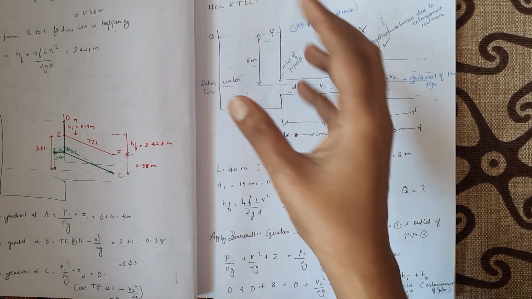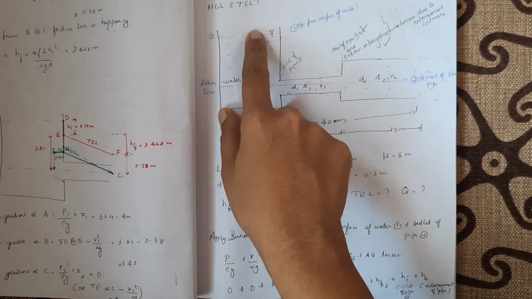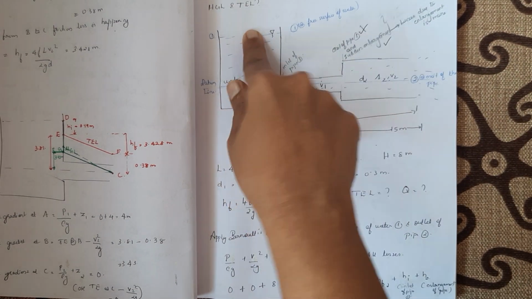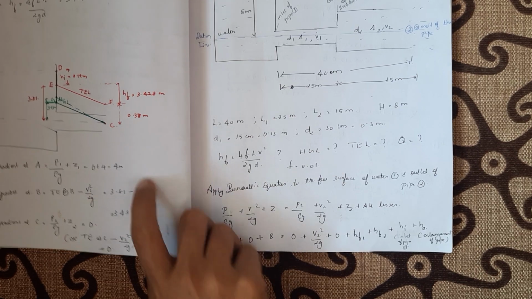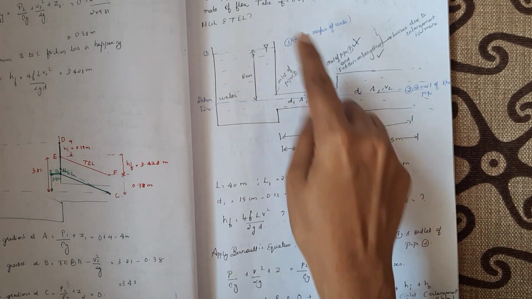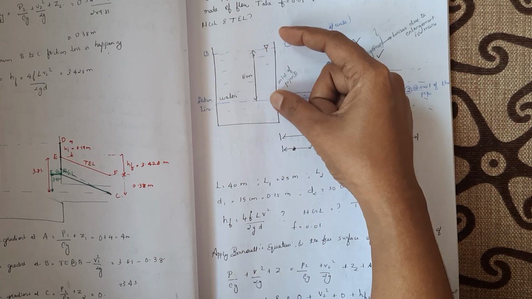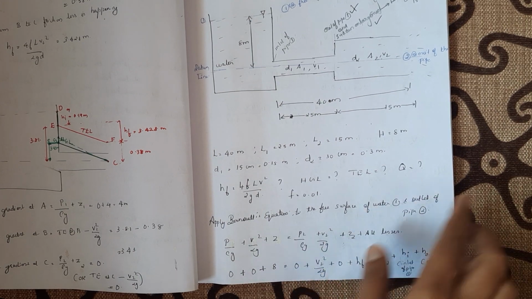Obviously, but the discharge will be the same in both. So the velocity will be very, very less, and we can take it as 0. So only the datum head remains, right? From the center line of the pipe up to the free surface, they have already said that it is 8 meters. So datum head will be 8 meters.